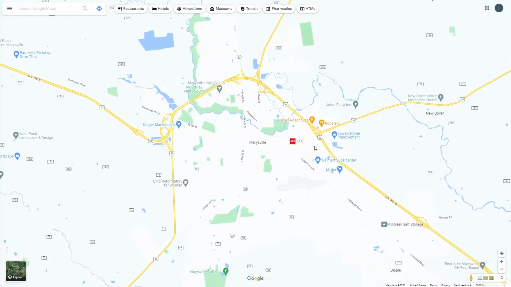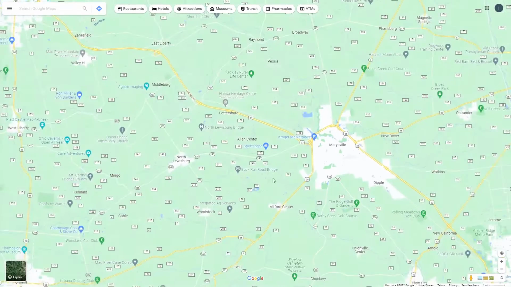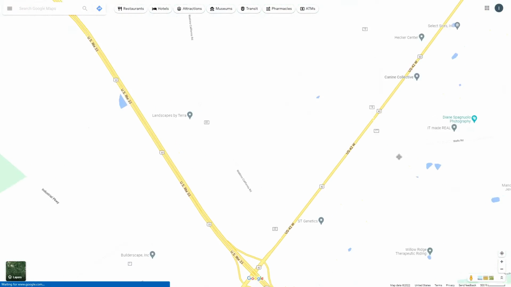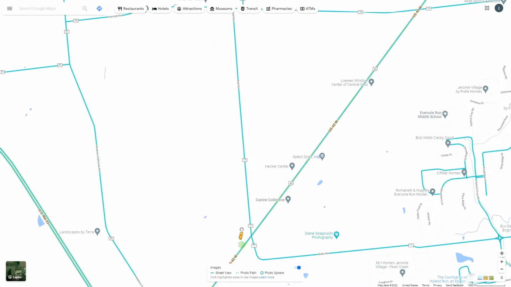the thing is, they are not very consistent with how they're done. If you just looked at the state routes or the federal routes, you cannot generalize them to say, oh, it's a state route, it's gonna be like this, or it's a federal route, it's gonna be like that. Let's go into Street View just to give you an example of this.